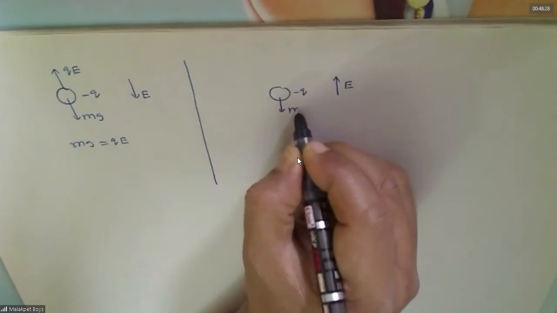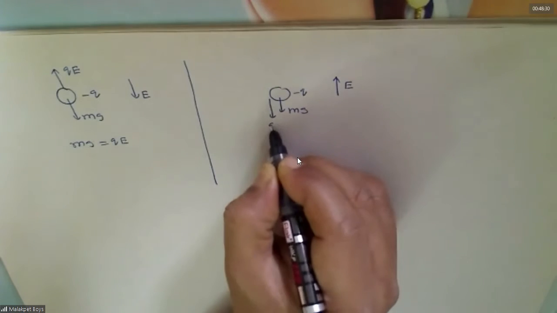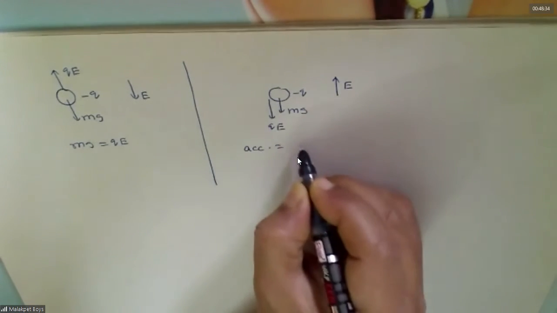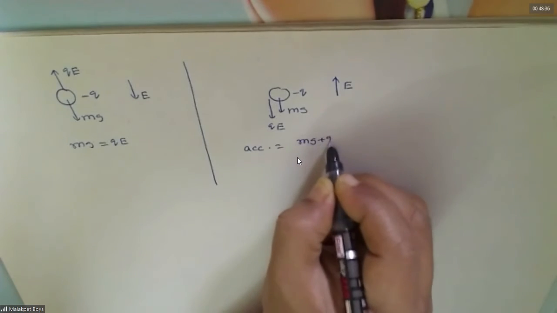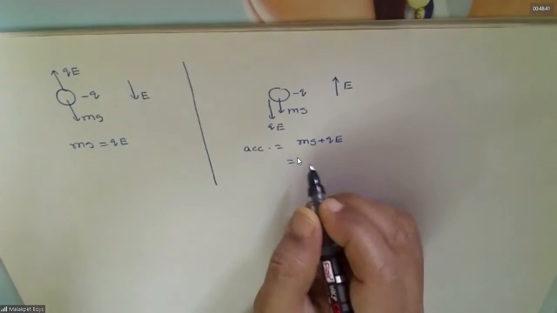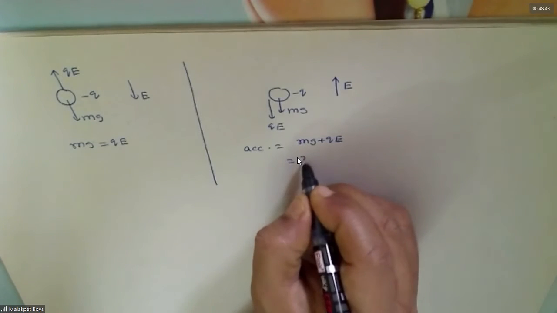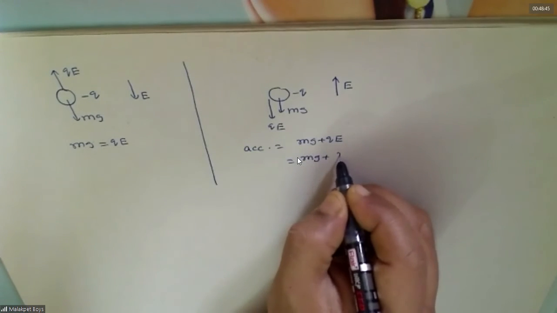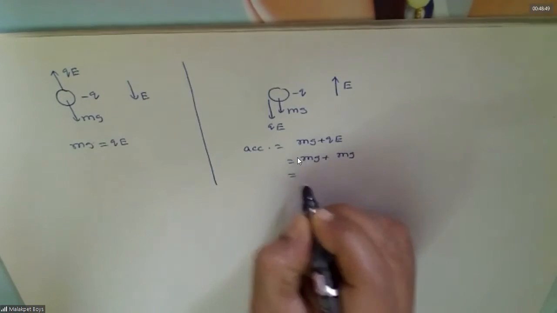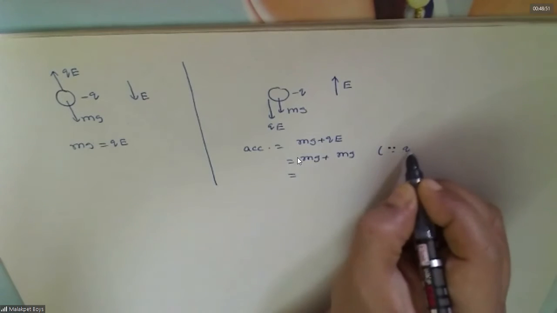Then what will happen? So what is the acceleration of the charge? mg plus qE over m. But you know mg is nothing but qE only, no? Mg can balance qE only, no?